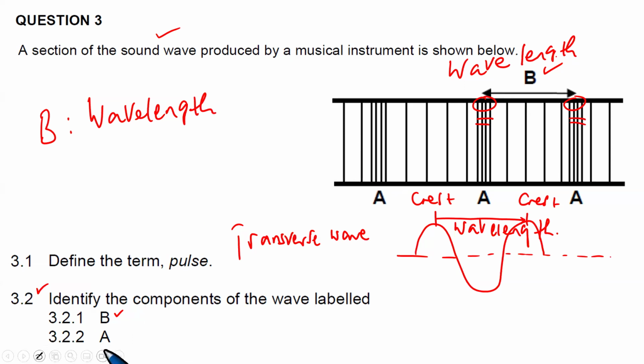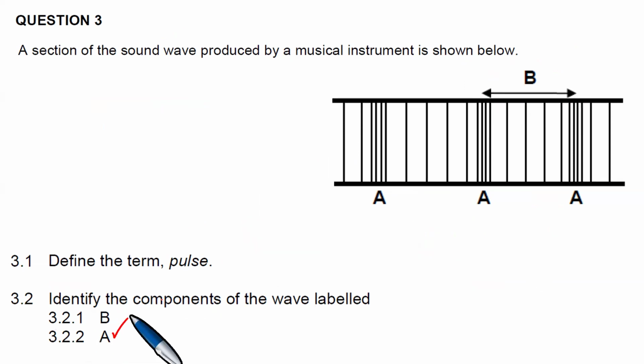Let's look at the next thing. What is A called? Now here is A. You can see this A is below uniform spacing, and these are closer to each other.